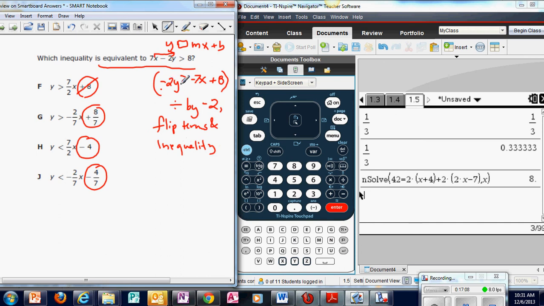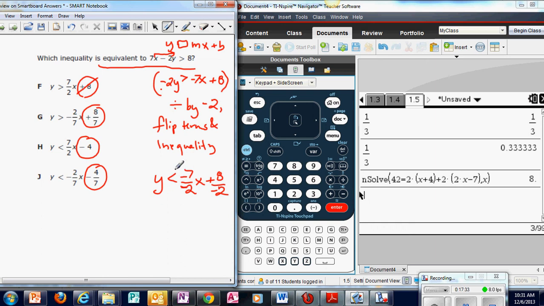Okay? So without thinking, if I divide by negative 2, the whole point was to get rid of the negative 2. I'm left with just a y. Flip your inequality. Negative 7 divided by negative 2 will simplify in a second. X. And then 8 divided by negative 2.